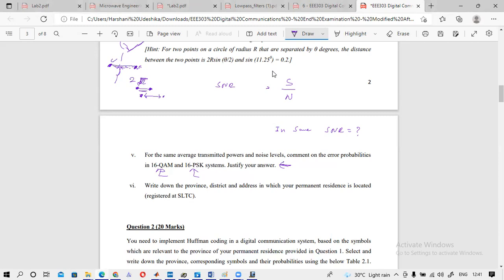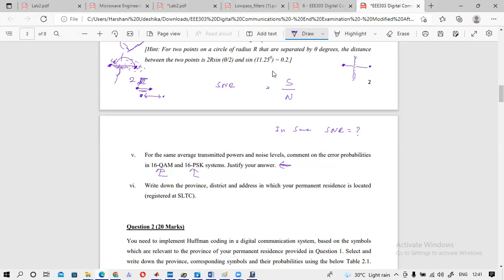If this distance is too small, there is a higher probability that this point is shifted to this range. Is that clear? If you have two points in a constellation diagram, your decision region is the middle line between these two points. This is your decision boundary.